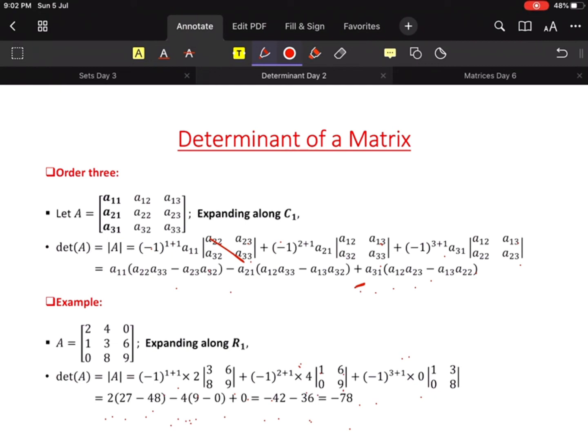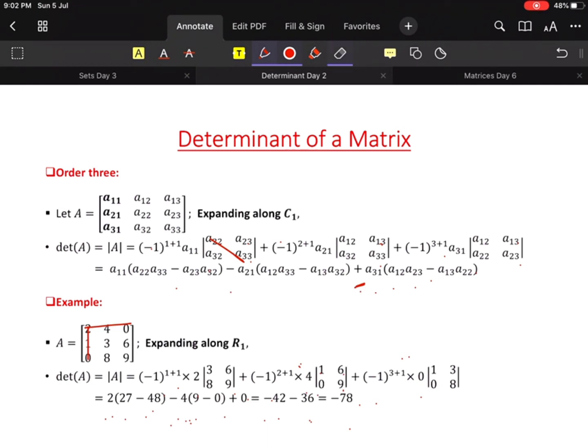So the determinant of A is given by -1, expanding along R1, or else we can expand along C1 also, because it has the same number of zeros. So -1 to the power 1 plus 1, the first element, that is 2, then the determinant of 3 6, 8 9.